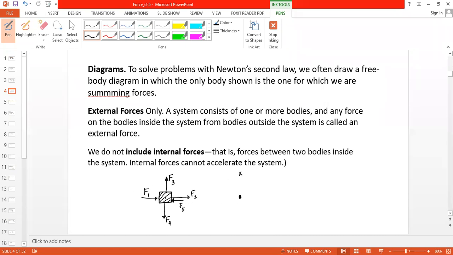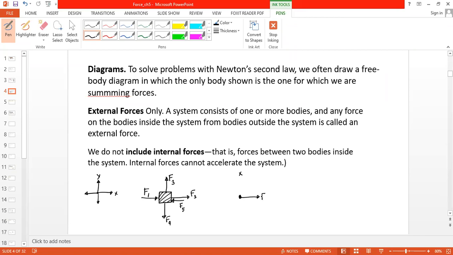Now for x direction forces, how many forces are acting along the x direction? F1, F3, and F4. These are acting along the x direction. So F1 is acting this way. Let's say this is my positive x, and this is my positive y, and this is my negative x, and this is my negative y. So this F1 is acting along the positive x direction.